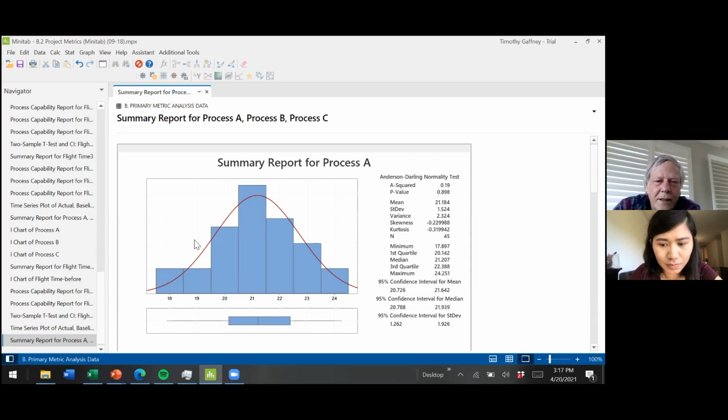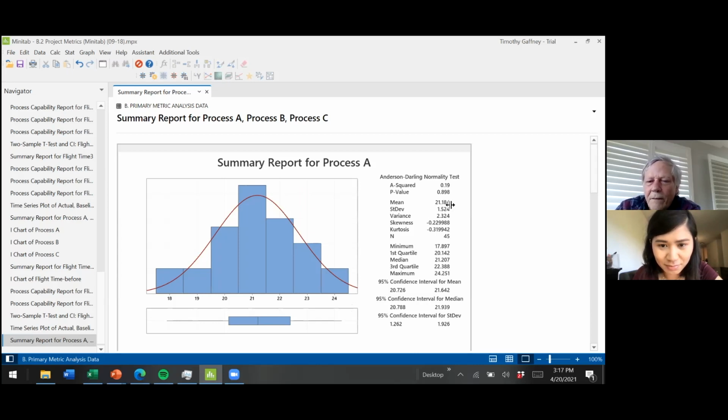So does it look normal? Yes. How does it fit that bell? Pretty well. The Anderson-Darling p-value is what? Right here, 0.898. Holy cow. It couldn't be much more normal. Very normal.